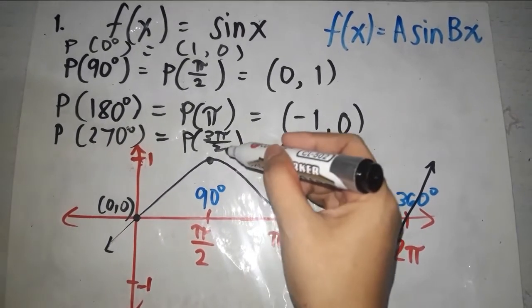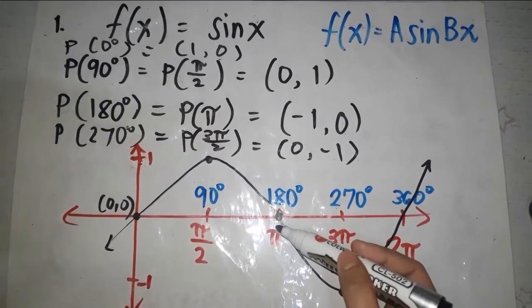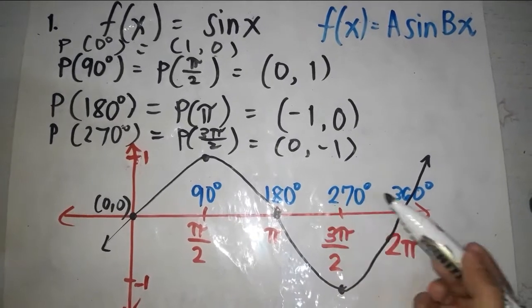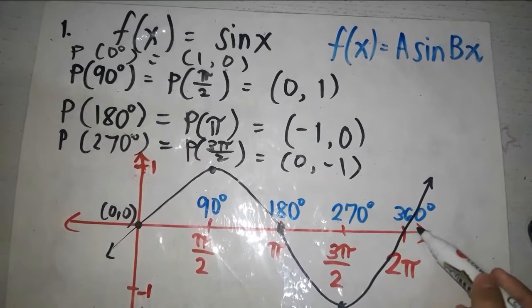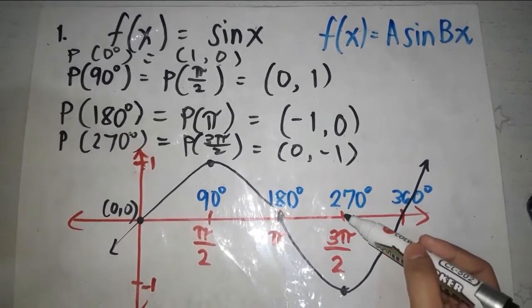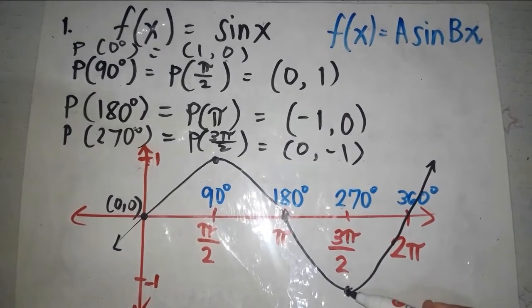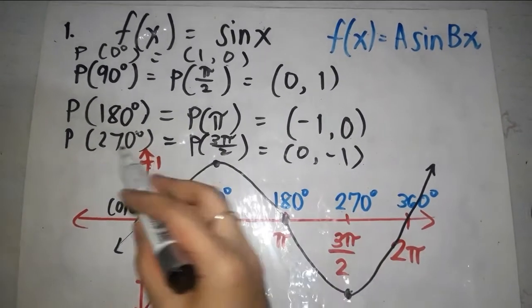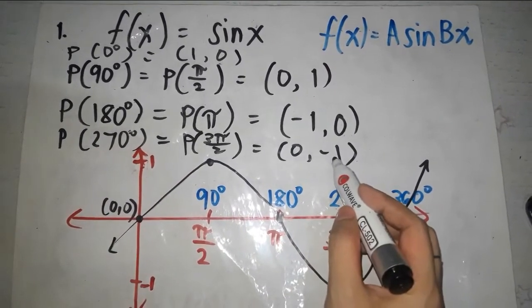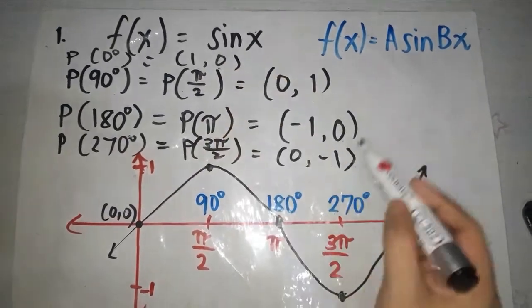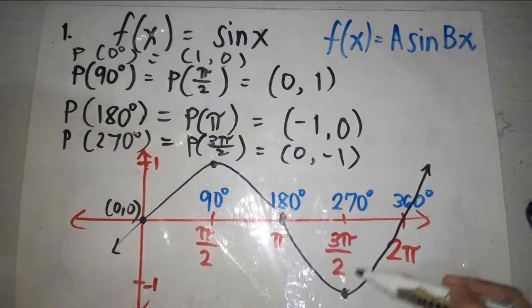So this is pi over 2 and 1. This one is pi and 0, or 180 degrees and 0. Alright, let's have now 360 degrees. Or before that, let's have 270 degrees. If you notice, the point is at -1. So for 270 degrees, or 3 pi over 2, the coordinates are 0 and -1. Again, sine of 270 degrees is the y coordinate, that is -1.